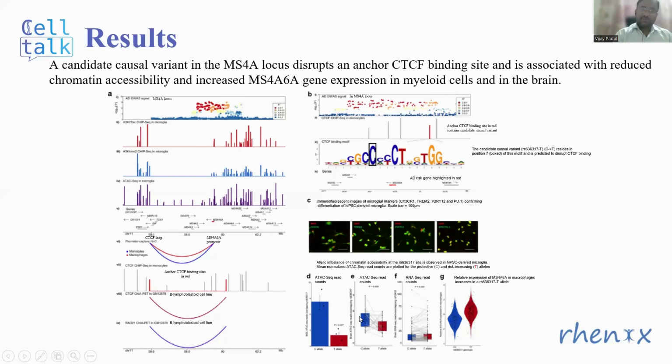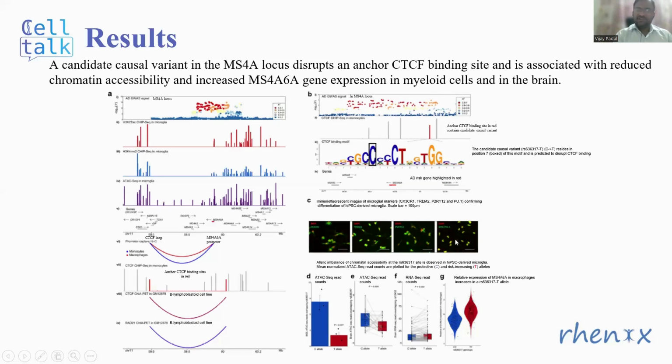So that means chromatin is more accessible when the C allele is there and less accessible when the T allele is there. So what it is doing is that when instead of C, T is there, this CTCF binding site is getting disrupted. And due to that, the expression level that would normally be less, shown here in blue, is increasing.